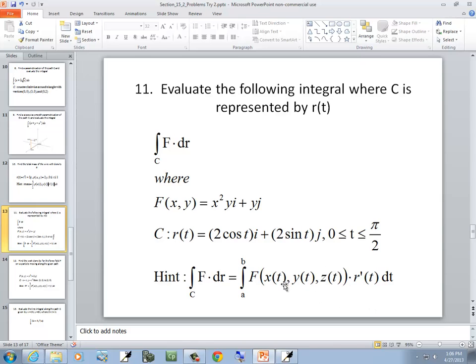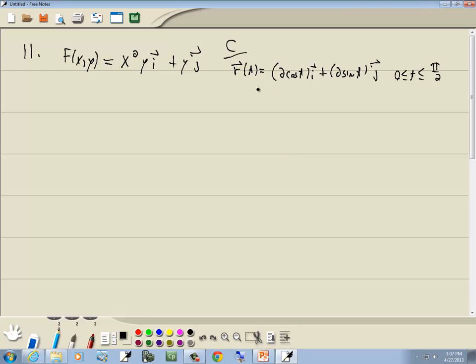Looks like take our function and we're going to plug in x of t, y of t, and z of t. We need r prime, and then we do the dot product. Okay, so this right here is our x of t, and this is our y of t. So F of x, y is given up here, but if I find x of t, y of t, we're going to plug 2 cosine t in for x, so we're going to have 2 cosine t squared, y, which is 2 sine t.